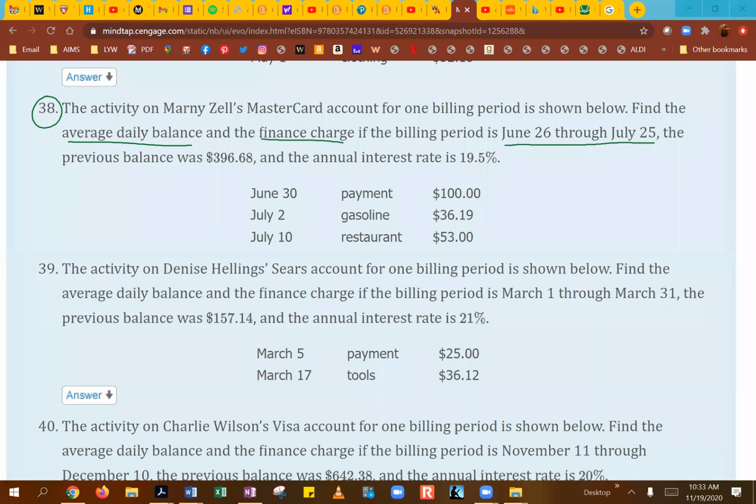The previous balance on the card was $396.68. The annual interest rate on this card is 19.5%. So again, you can see the different payments: June 30th at $100, July 2nd was gasoline at $36.19, and July 10th, we have a restaurant bill of $53. So let's take a look at how to break down the average daily balance and finance charges.